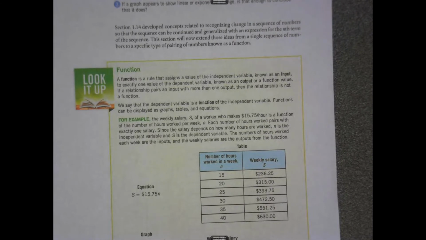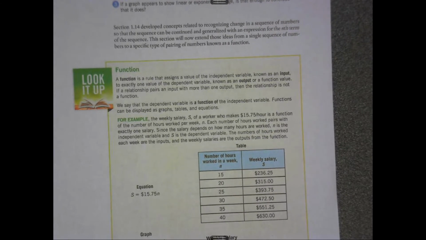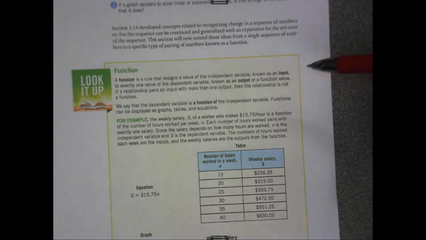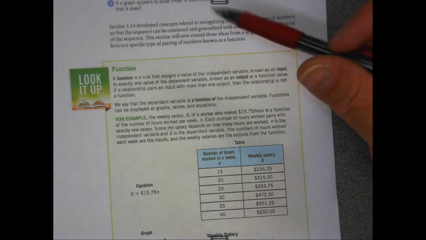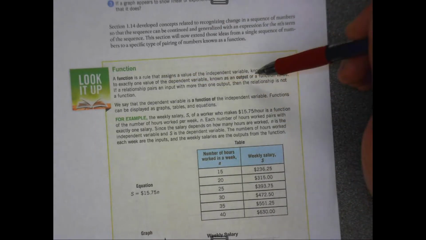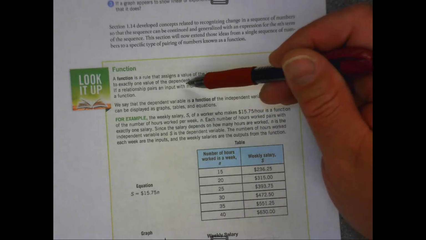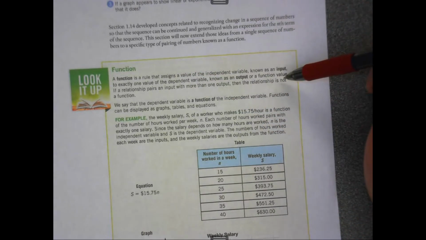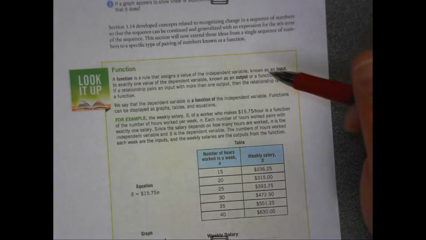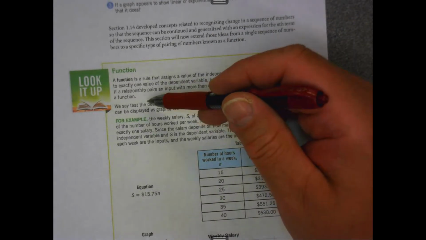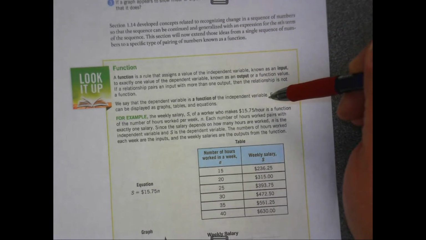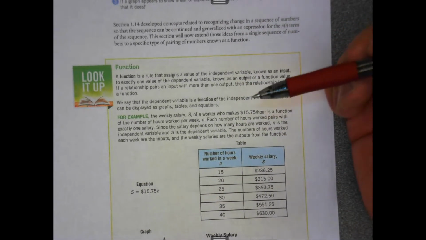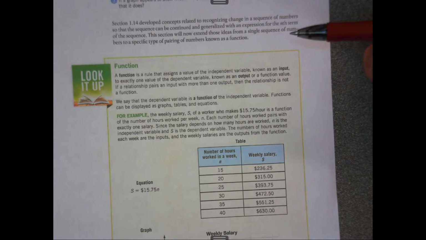A function is a rule that assigns a value of the dependent variable to each value of the independent variable, known as the input. We all know that the input is our x, the output is our y. Now, if there is an input with more than one output, then the relationship is not a function. We say that the dependent variable is a function of the independent variable, or in other words, y depends on what x is.